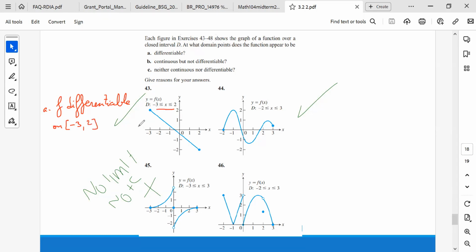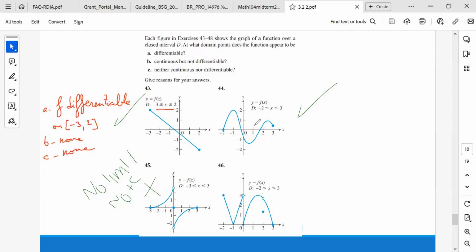Okay, so this is the domain, no problem. In which point it is continuous but not differentiable? ما فيه. In which point it's not continuous and not differentiable? ما فيه.